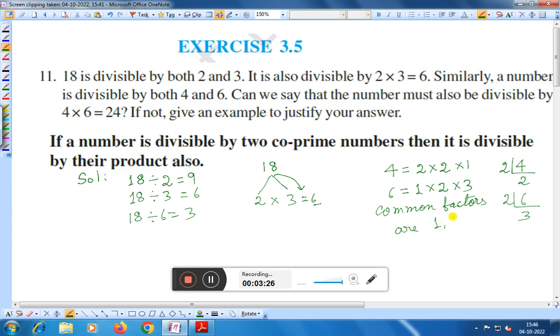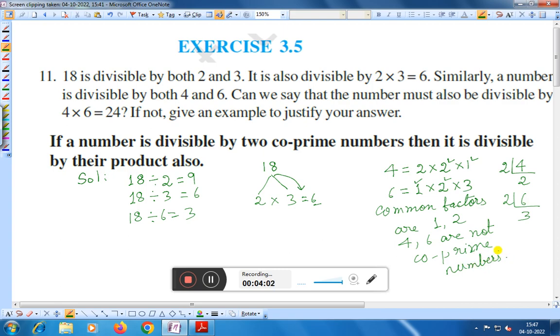Common factors are 1 and 2. Here you see 1 is common and 2 is also common. Therefore, we can say that 4 and 6 are not co-prime numbers, right?